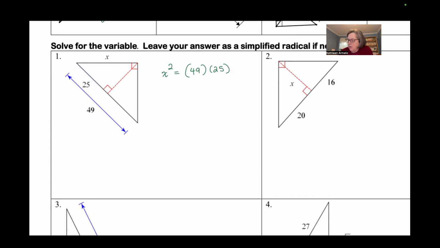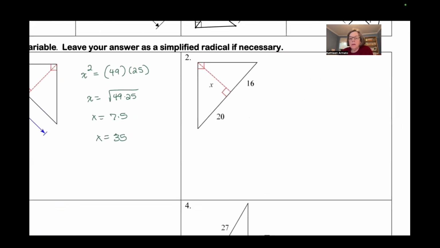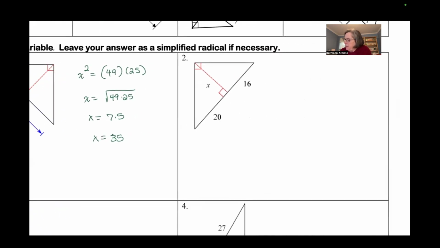This part of the hypotenuse is adjacent to this leg. And again, 49 and 25 are perfect squares, so don't multiply them out. Just take the square root of each one. X equals 35.